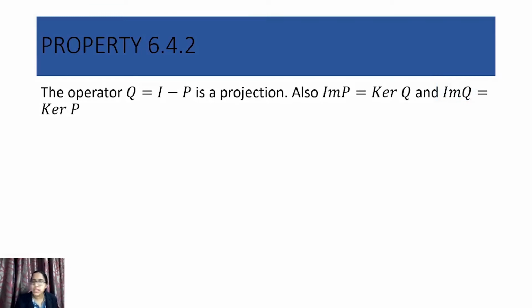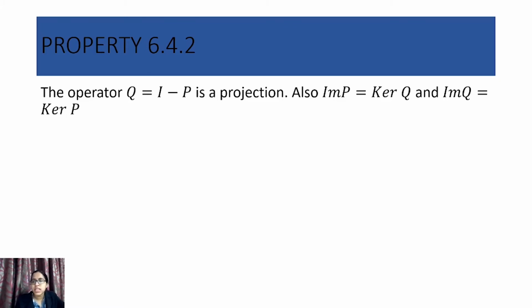Just take an element in the image of Q, and using the first property, you can say that Q of X is equal to X. So I minus P of X is equal to X. This implies X and P of X are same. So from that we can easily find that X is an element of kernel of P also. So the proof is similar.